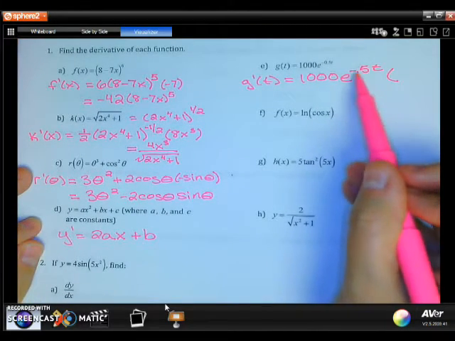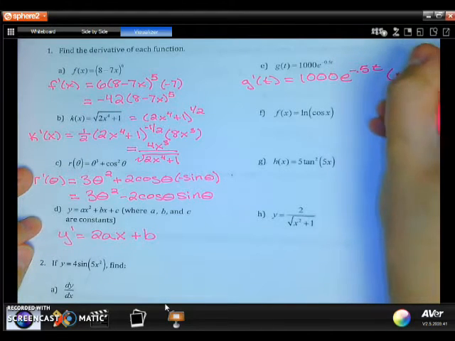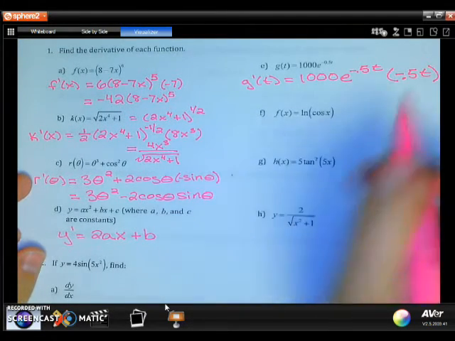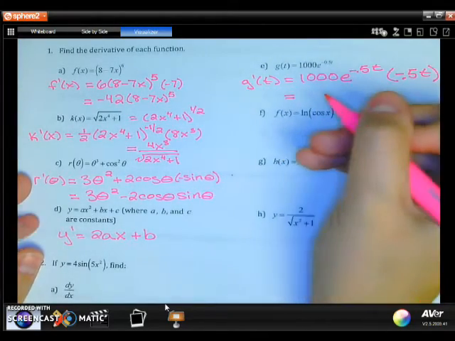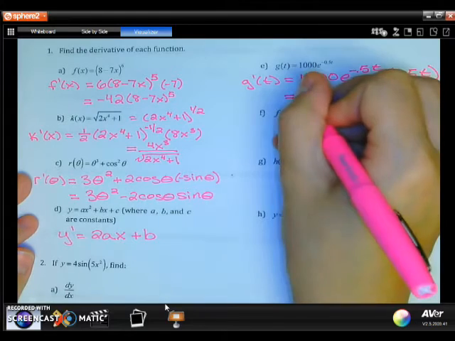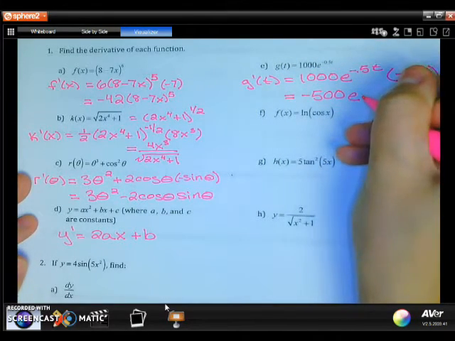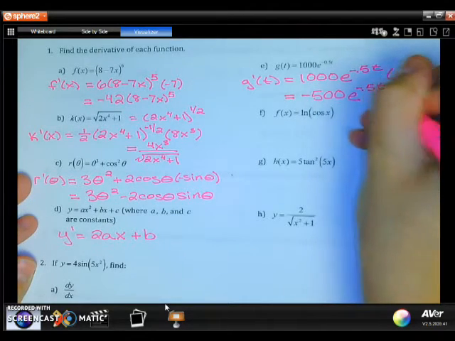The derivative of this exponent is just -0.5. And those are all attached by multiplication there, so negative 0.5 times 1,000 leaves you with just a 500. Oh, but it's negative, so negative 500 e raised to the negative 0.5t.